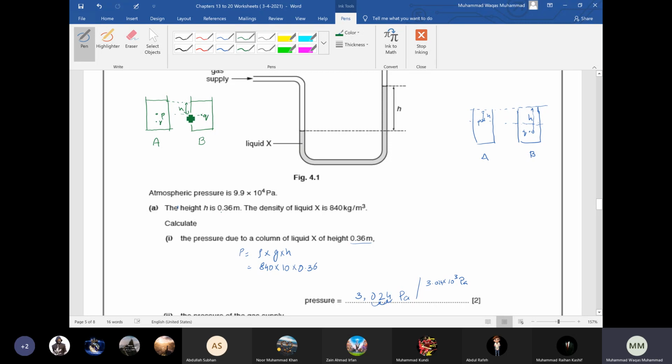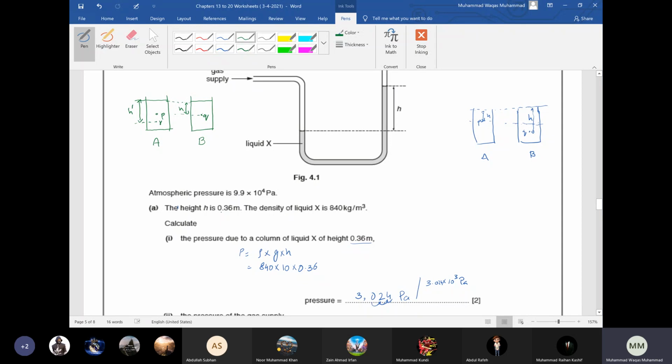Now beta, this is H here, and for the same pressure, the height of the liquid column is this, right? Let's call it H dash just to differentiate.